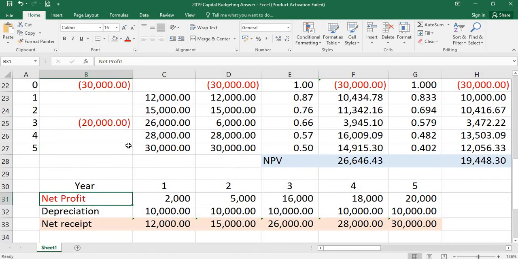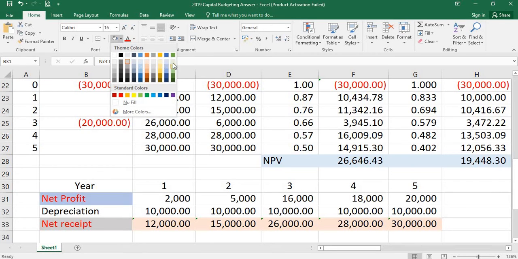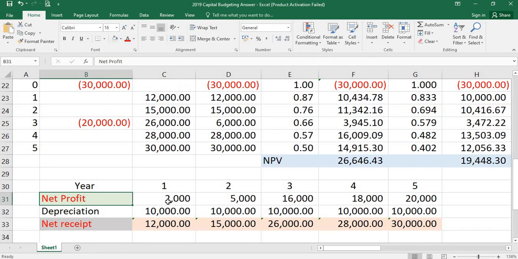So net profit, net receipt. Net profit is given as 2,000, 5,000, 16,000, 18,000, 20,000. Depreciation you have to find out.